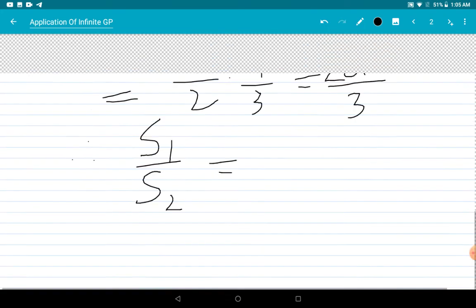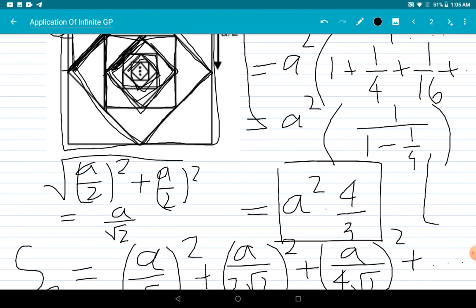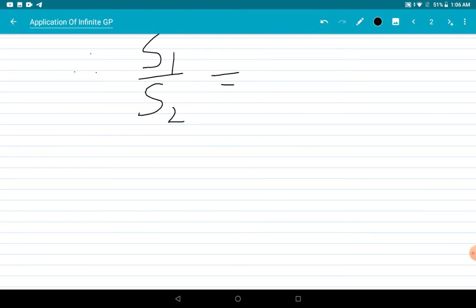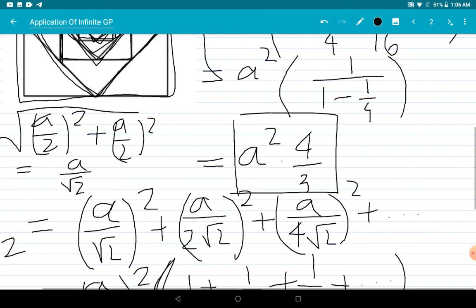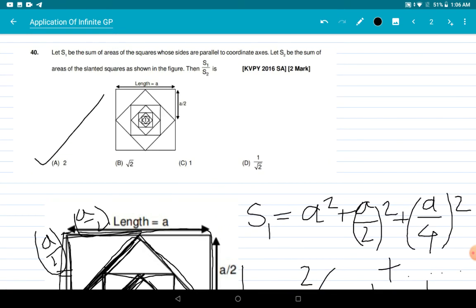So S1 we have got to be a squared times 4 by 3, and S2 we have got to be a squared times 2 by 3, right? So a squared will cancel, 3 will cancel, and this will come to be 2. So the value of S1 by S2 is equal to option A, that is 2.